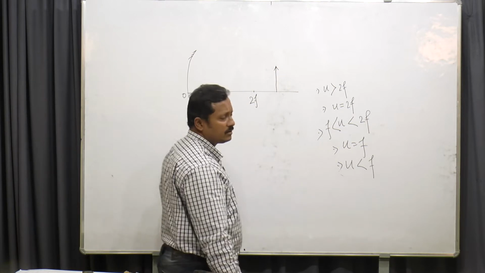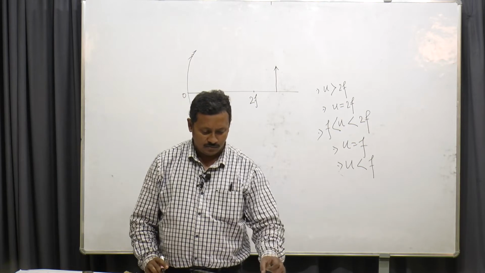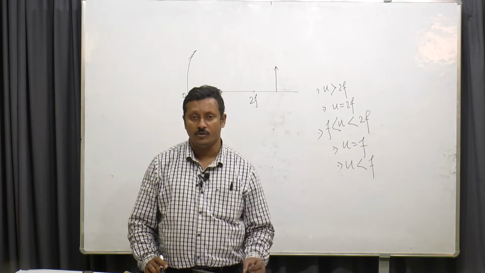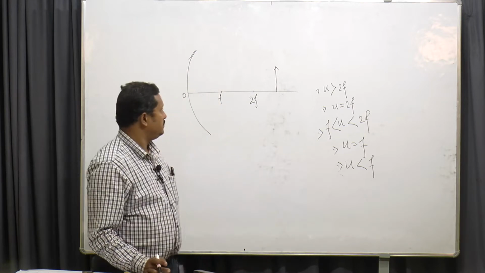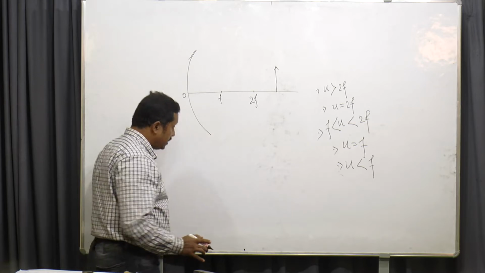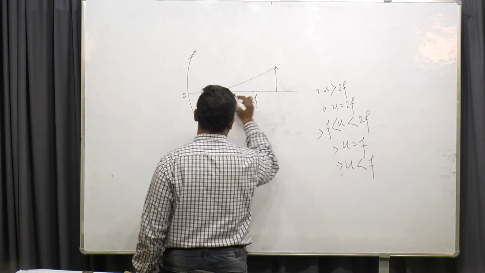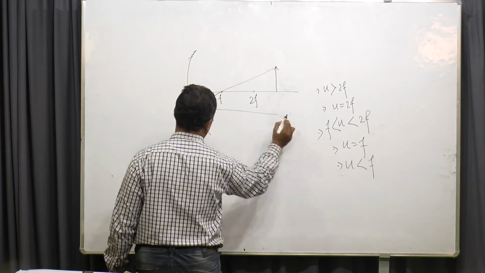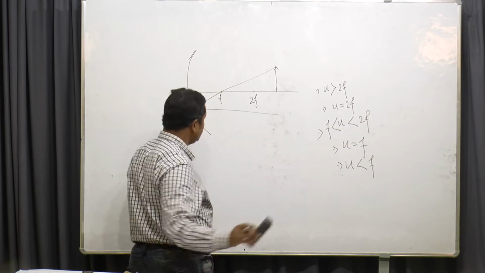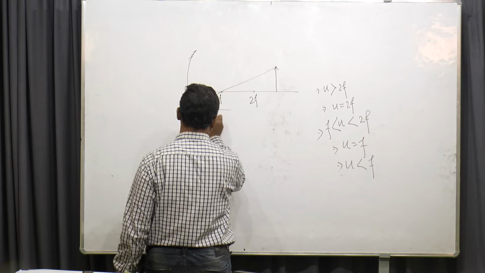Various methods are there in books, lots of methods, giving you an idea how to draw the image, but according to me, one thing is very easy to draw, that is a ray coming from the object passing through the focus becomes parallel after reflection. It's very difficult to draw without a scale, but I am only making assumptions.